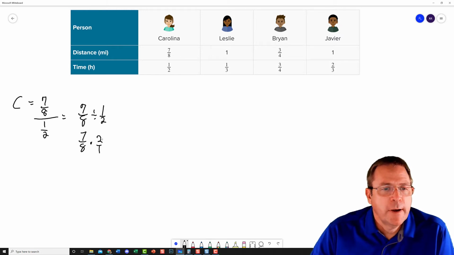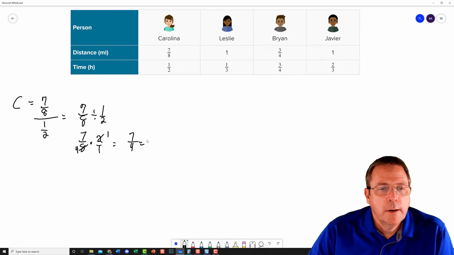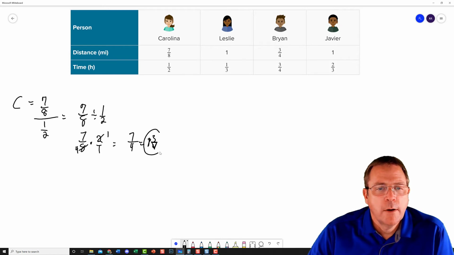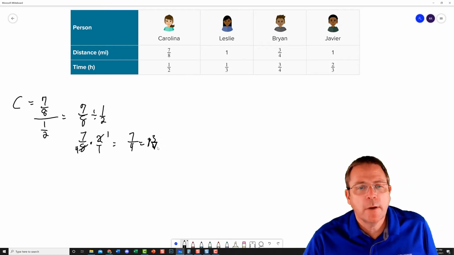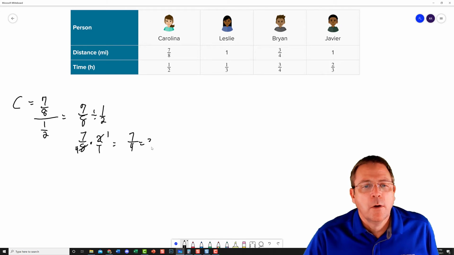We can simplify that down. 2 goes into 2 once, 2 goes into 8 4 times, and when you multiply that out, 7 times 1 is 7, 4 times 1 is 4, and that will end up being 1 3/4 miles per hour. And that didn't copy right, so let me do that again.